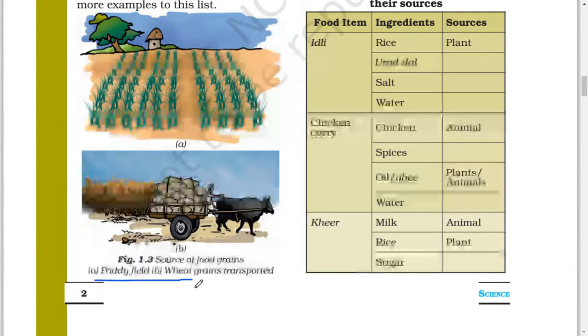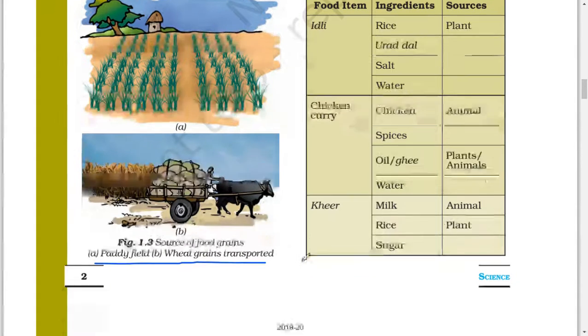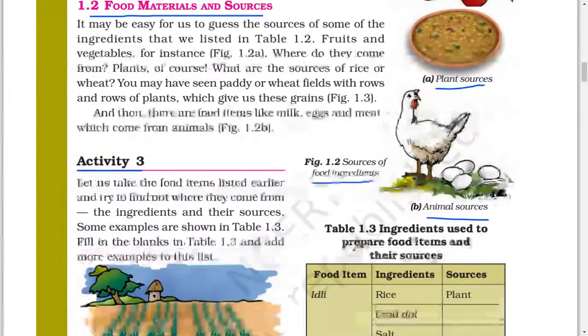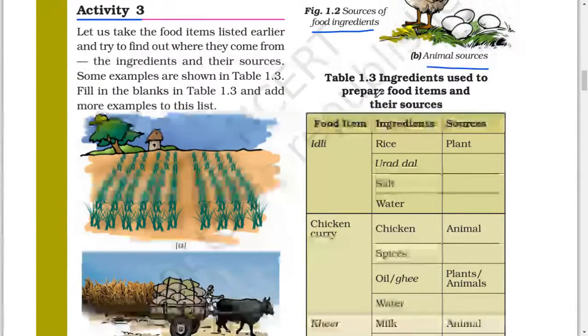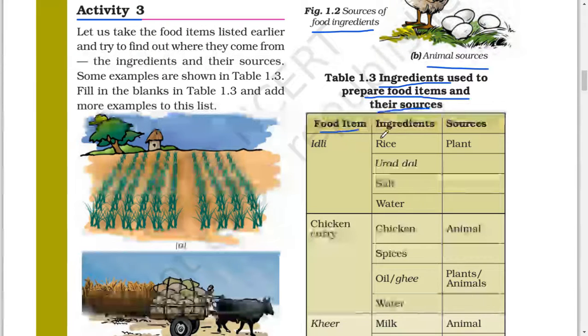A paddy field, wheat grain transported. Table 1.3. Ingredients used to prepare food items and their sources. Food item, ingredients, and sources.